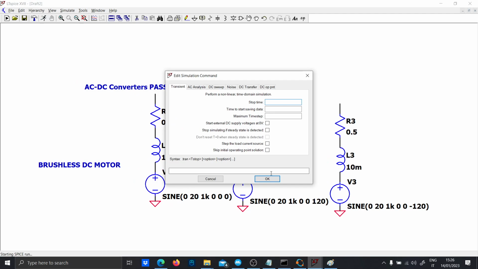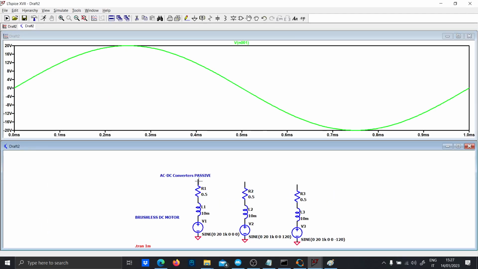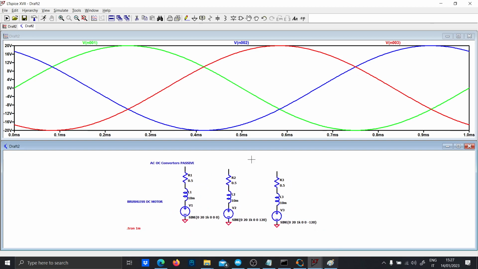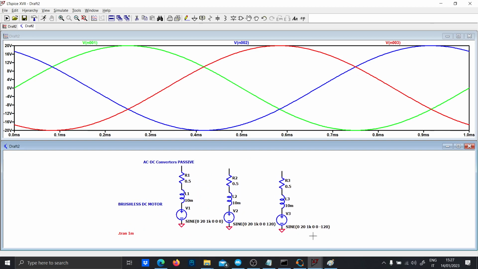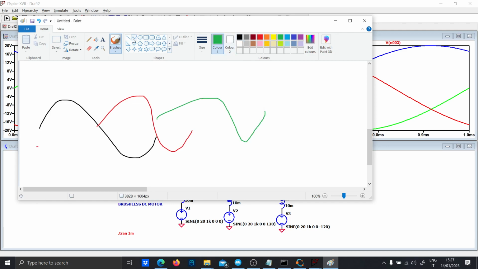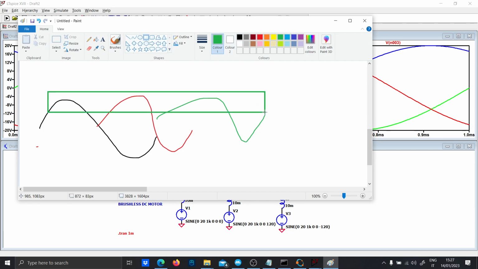So before going on, let's see effectively that this is a three-phase system, and yes, it is a three-phase system. Now what is going to happen with the full bridge rectifier is that we basically want to keep only the higher portion of your voltage, which is this.